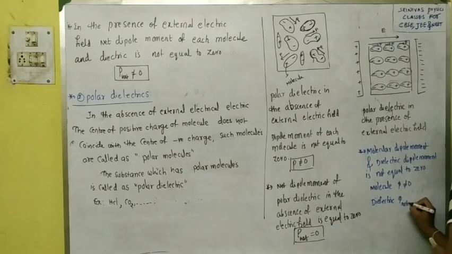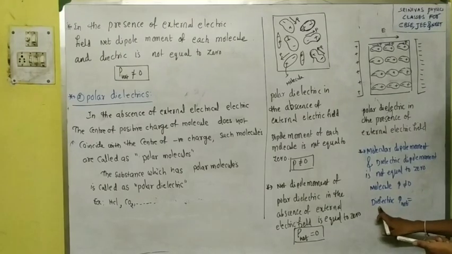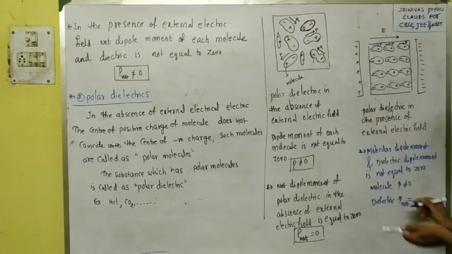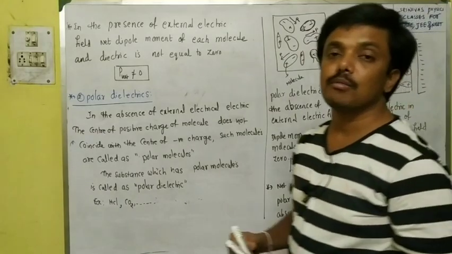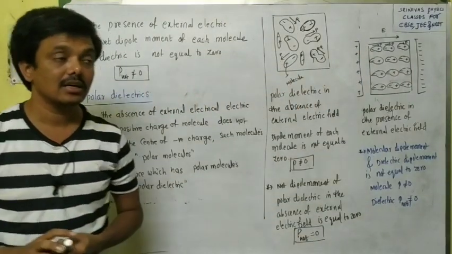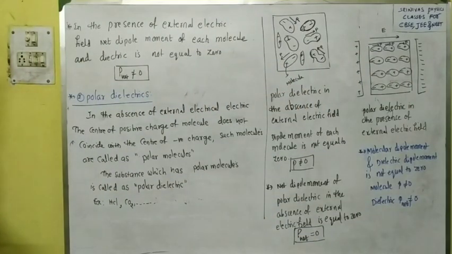Dielectric means the substance with a number of molecules. When all the molecules' dipole moments are added, you will get the dielectric dipole moment, which is also not equal to 0. This is the behavior of dielectrics in the external electric field.